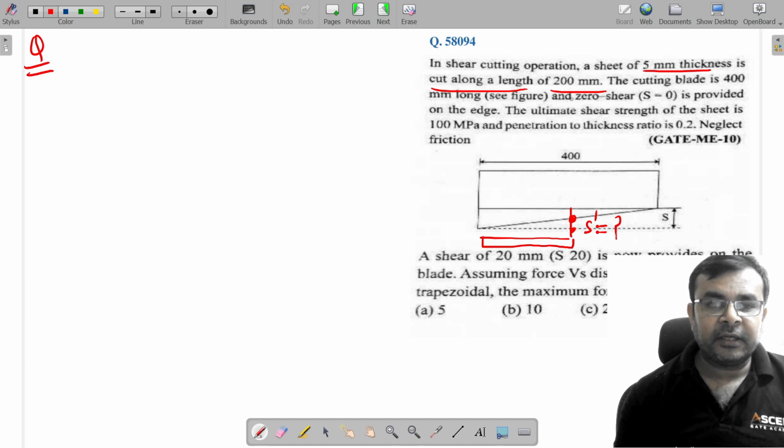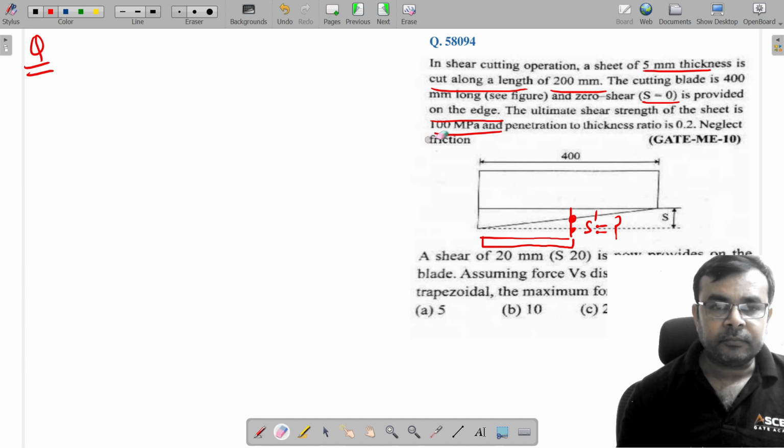The cutting blade is 400 mm long, and zero shear is provided on the edge. The ultimate shear strength is 100 megapascal. Correct? The penetration to the thickness ratio is 0.2.